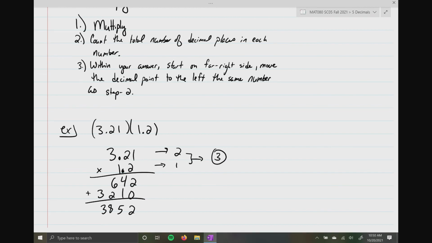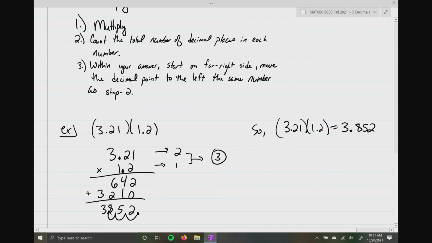So starting on the far right side of the number, place a decimal, and then move it to the left 3 spots. 1, 2, 3. So 3.21 times 1.2 is going to equal 3.852.